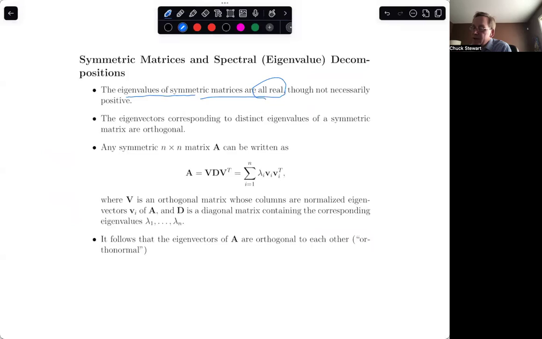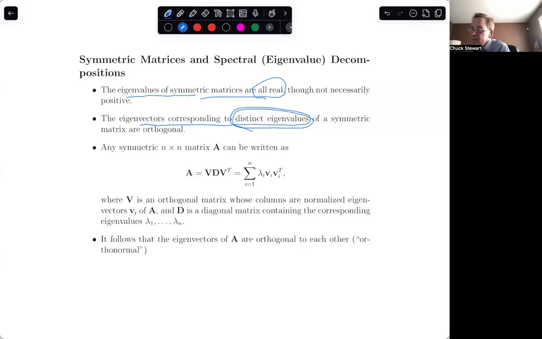The next very important property is that the eigenvectors corresponding to distinct eigenvalues are orthogonal. This doesn't hold quite so easily if you have repeated eigenvalues, but most packages will give you back orthogonal vectors. So if the eigenvalues are all distinct, then the eigenvectors of a symmetric matrix are orthogonal.